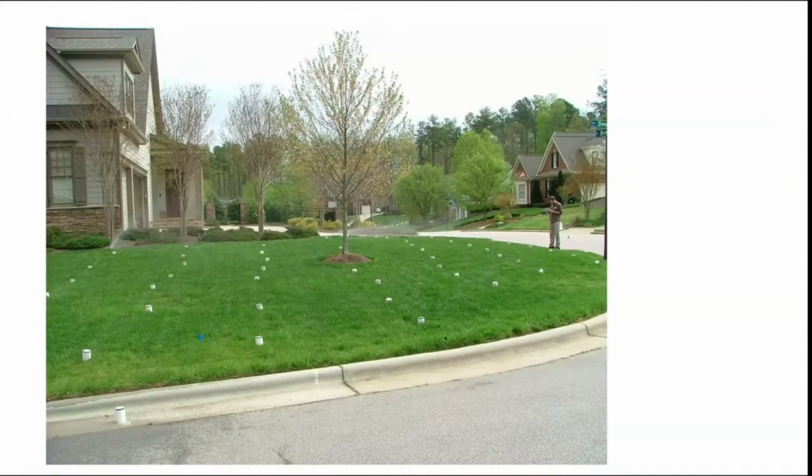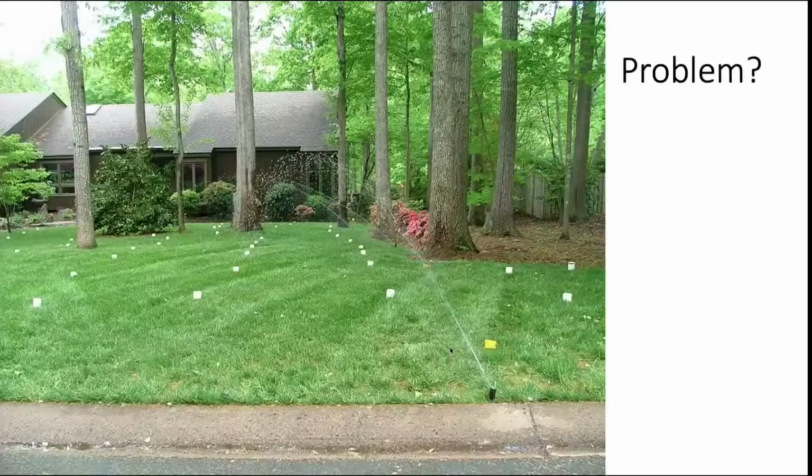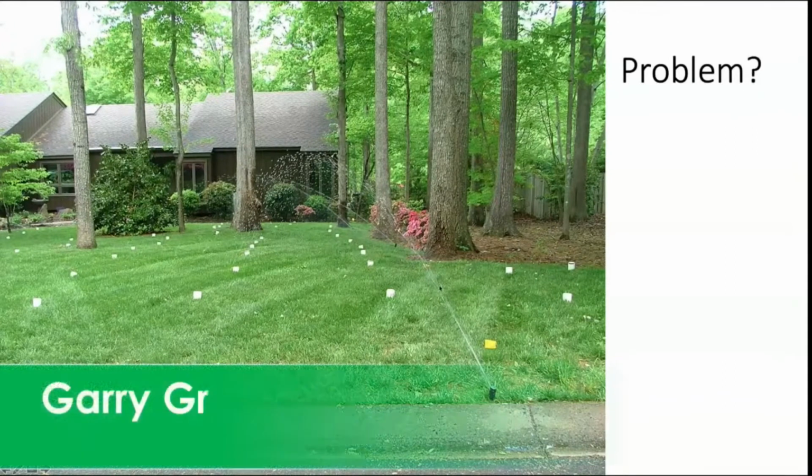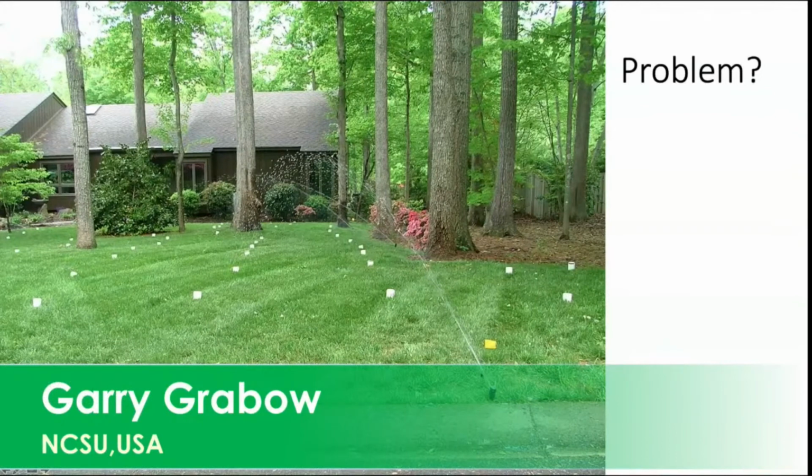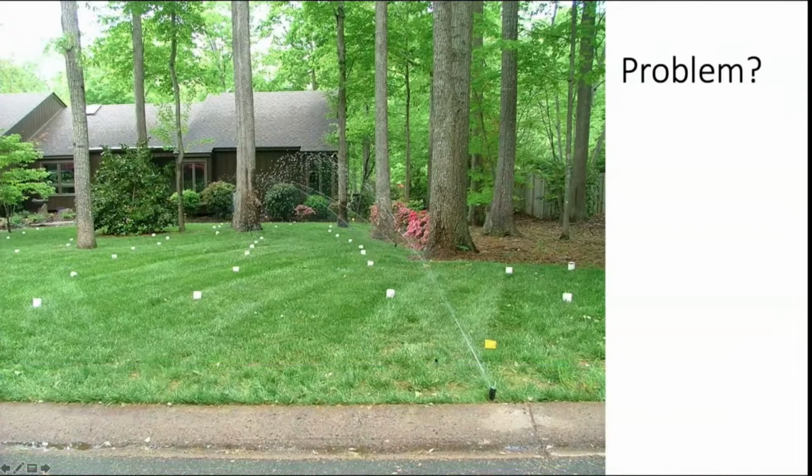Here is an example of just observing the system while you're doing an audit. I can tell you right here that this system has a pressure problem. It's low pressure, so you see a stream here that's not well distributed. It's just a stream, and you can see all the water's coming out here, and there's very little in here.